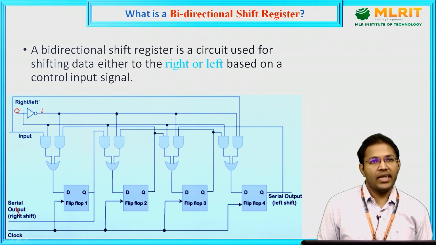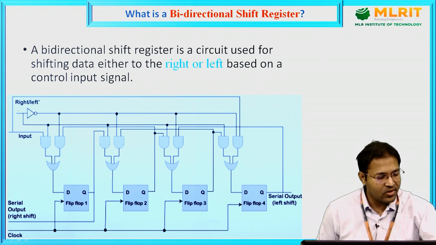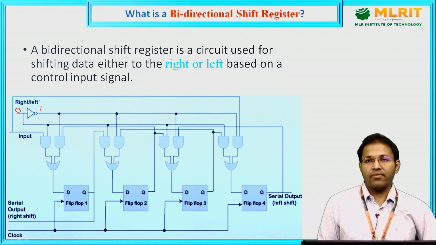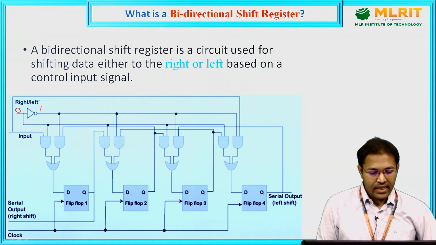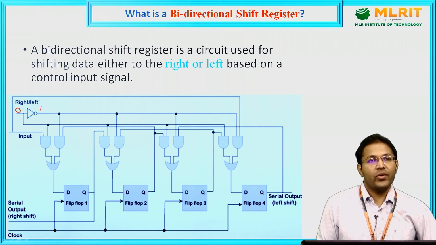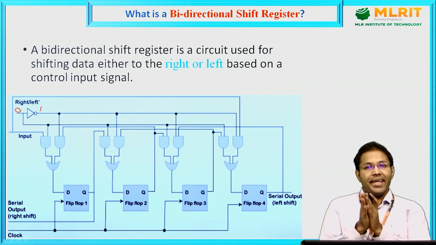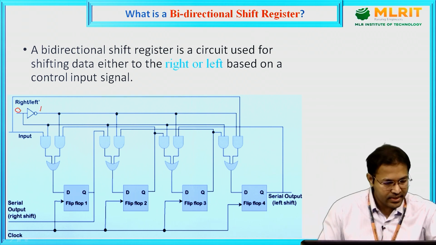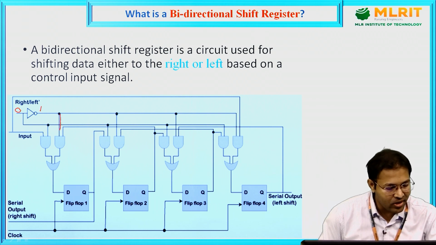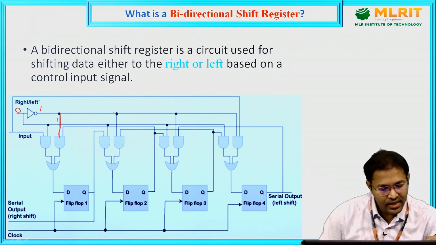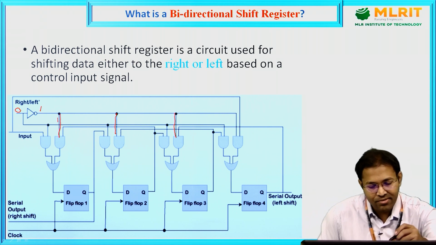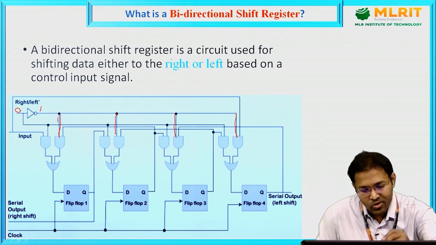Now, a NAND gate works such that when one of its inputs is 1, the output is the same as the other input, so here we are going to get a 1, likewise here also a 1, and here also a 1.